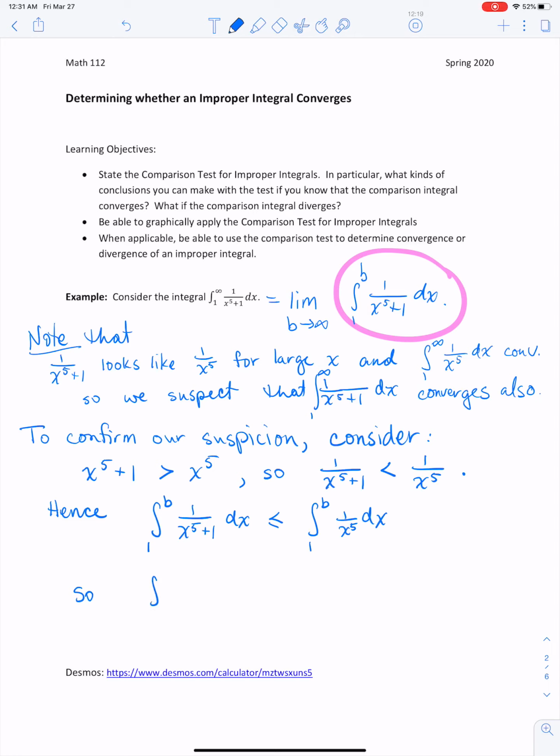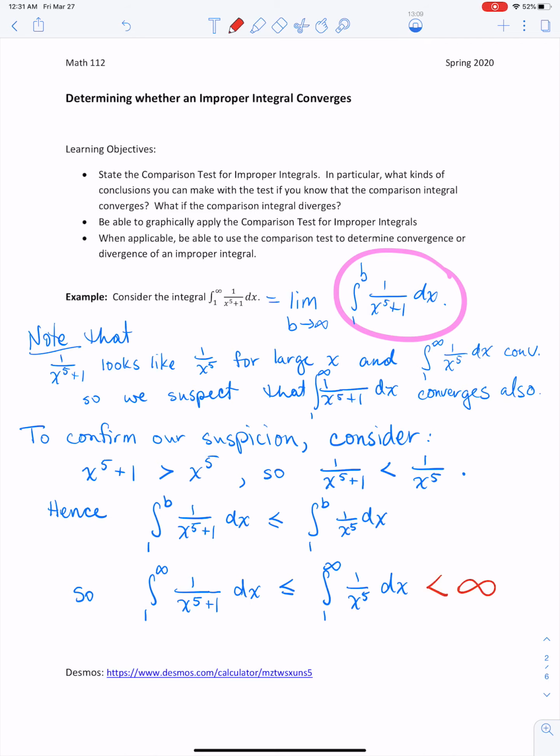So if I take the limit of the integral of 1 over x to the fifth plus 1 dx, I get the integral from 1 to infinity, which has to be less than or equal to the integral from 1 to infinity of 1 over x to the fifth dx, and we know that that integral converges.